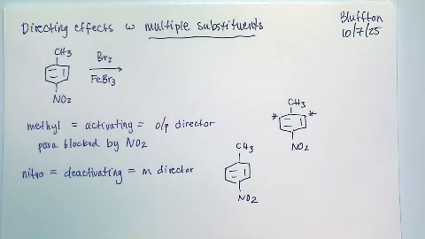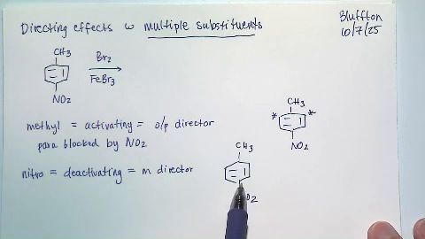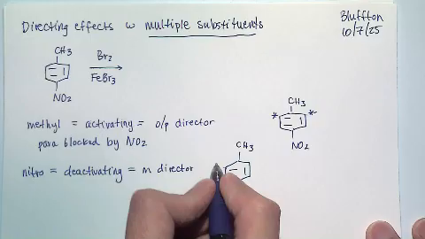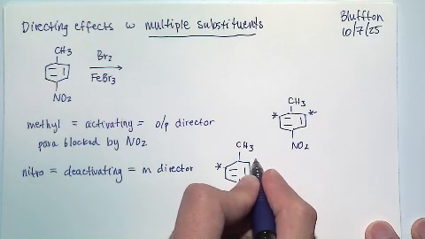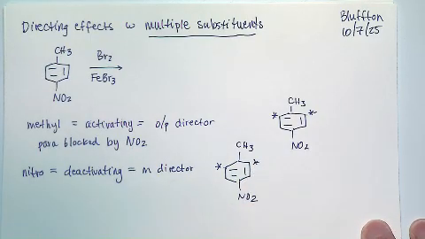All right, so that means that the nitro group is going to direct the incoming group, the bromide, to positions that are meta to it. So positions that are meta to the nitro group are going to be there and there. So those positions are going to be favored by the nitro group.